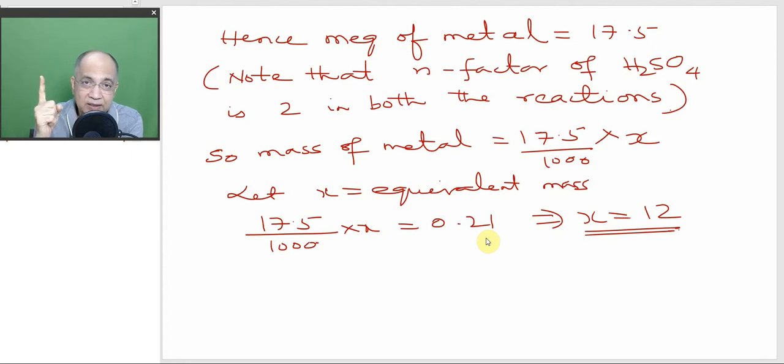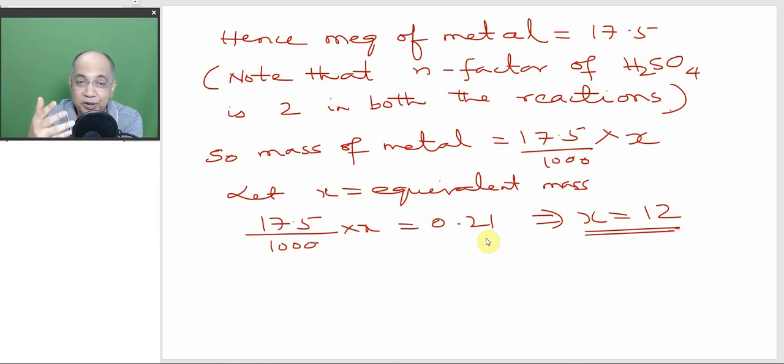Yes, if all the reactions are metathesis, non-redox, the valency factor of any species won't change at all, because no oxidation, no reduction, so the valency factor will remain the same. So you can, in that case, climb the entire ladder from bottom to top by the equivalent concept.